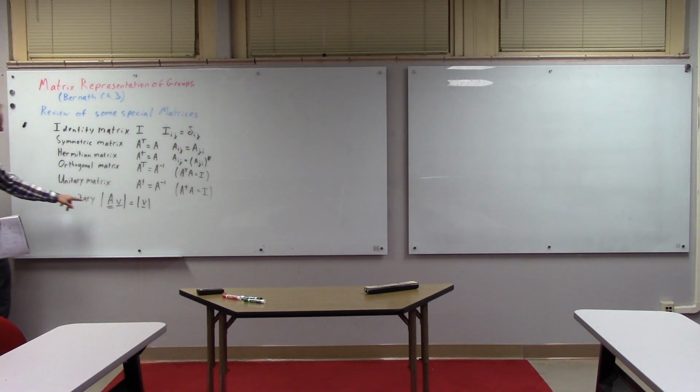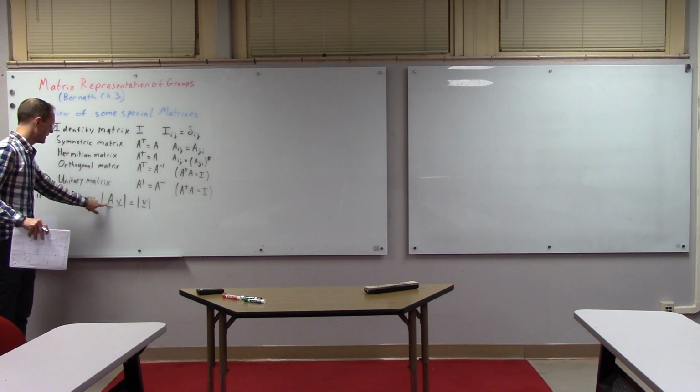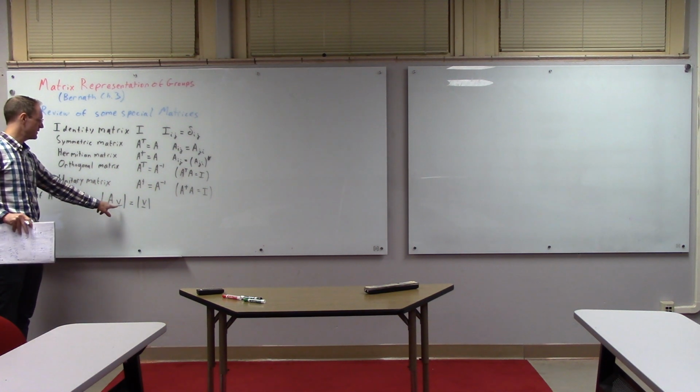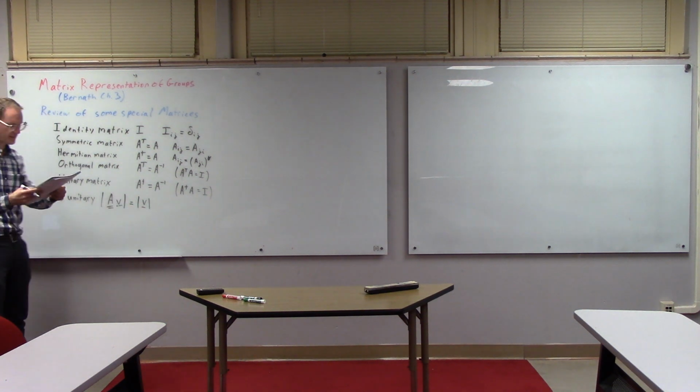So basically, this unitary matrix changes only the direction of the vector. It does not change the magnitude of the vector.